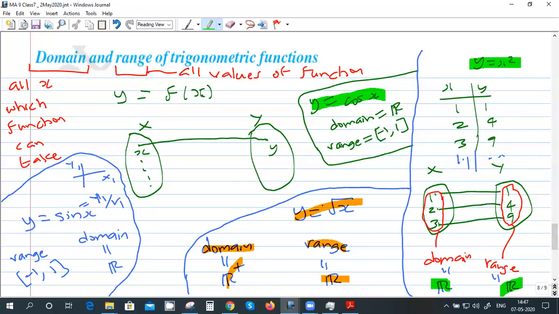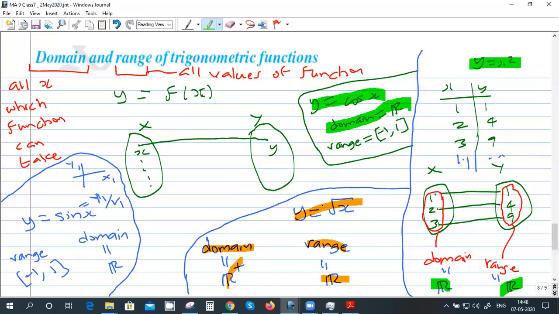You just have to go in the clockwise direction. And it can be any value because you just have to go that many circles and come to that point. The domain is the entire R. No restriction. What about range? The values y can take. It can take positive and negative. It cannot be more than one.